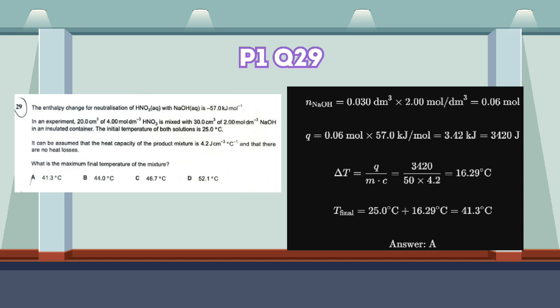For the Q is 3,420 joule, and we use delta T equals Q divided by m times c, equals 16.26 degrees Celsius, and T final is 25 plus 16.26 equals 41.3. The answer is A.